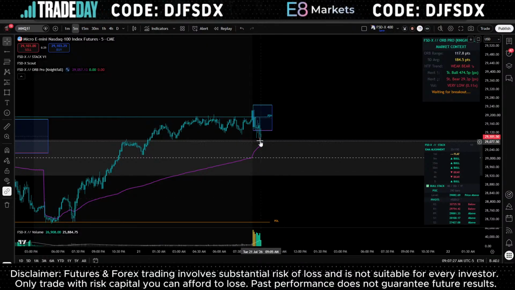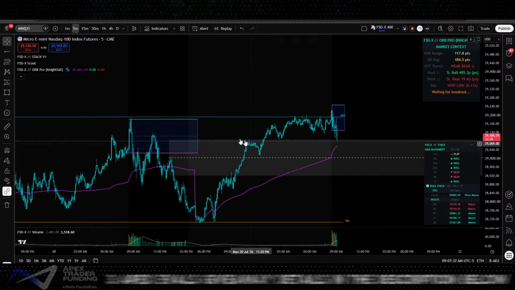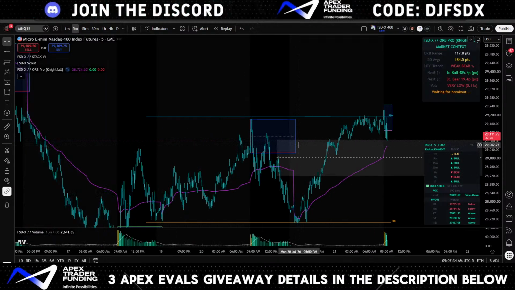What if we bounce off this level, where the support is?